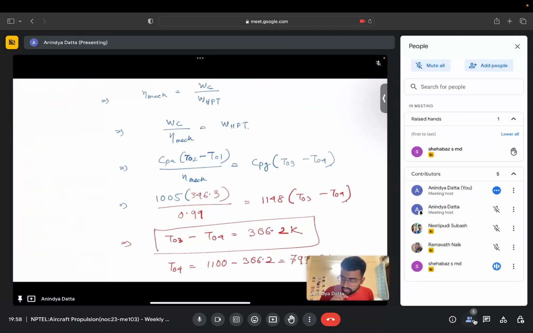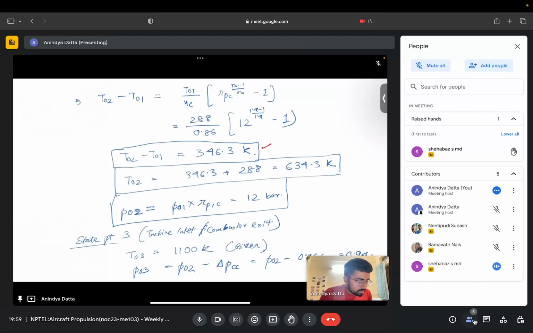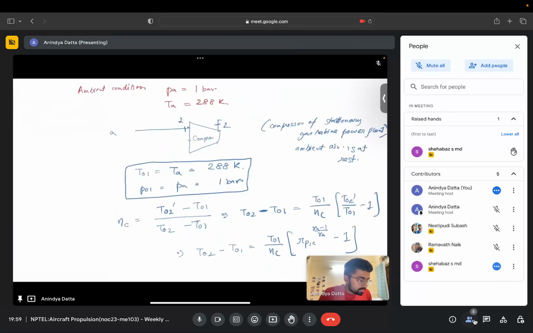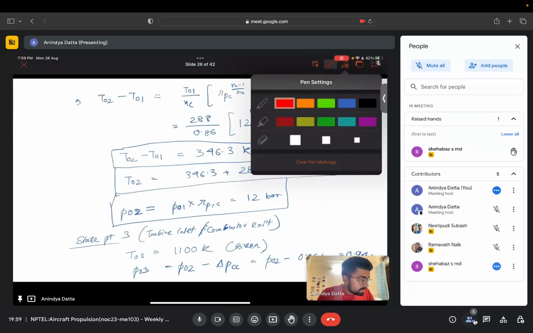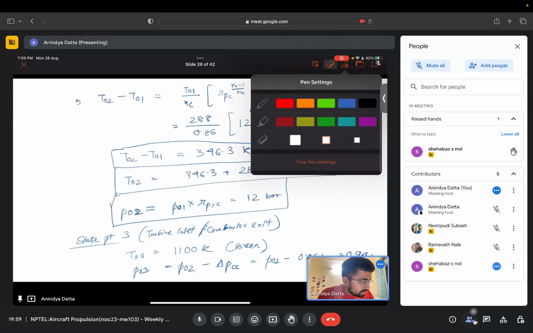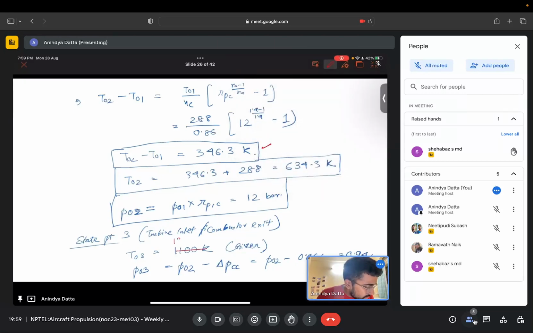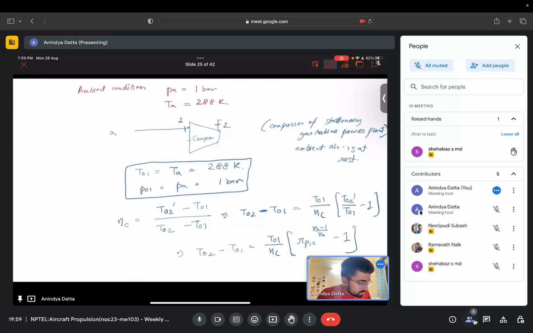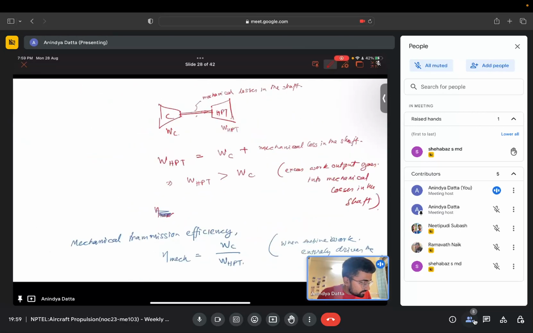Sir, T03 value is 1350. Okay, sorry for the mistake. Yeah, thank you for pointing it out. I also wrote it wrong here. It's 1350 Kelvin. So T03 is 1350, right?